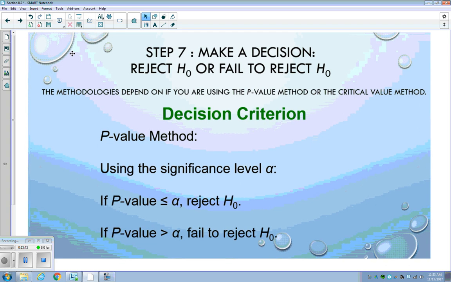Lots of steps in this, huh? Depending on whether we're going to use the p-value method or the critical value method, it doesn't matter. We're still going to come to the same conclusion, where we'll either reject or fail to reject the null hypothesis.